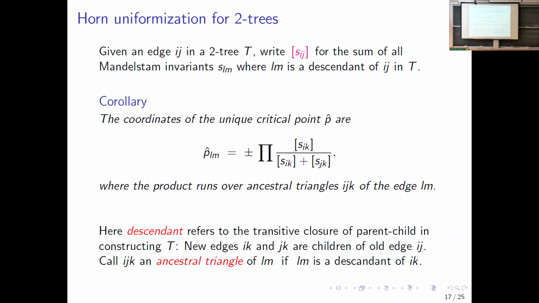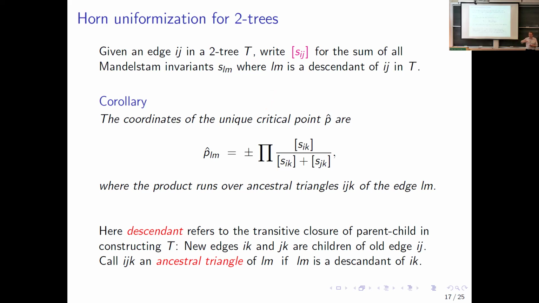Now, here's yet another way of paraphrasing the same thing, and this shows that all the coefficients are +1. So let me state a corollary, which is again equivalent in our case. Let me write bracket Sij for the sum of all Mandelstam invariants S_LM, where the edge LM is a descendant of the edge ij.